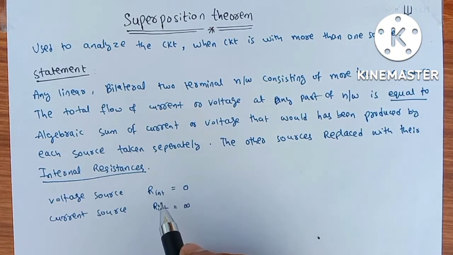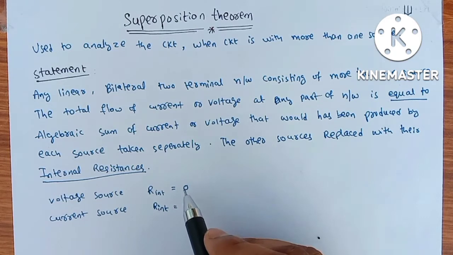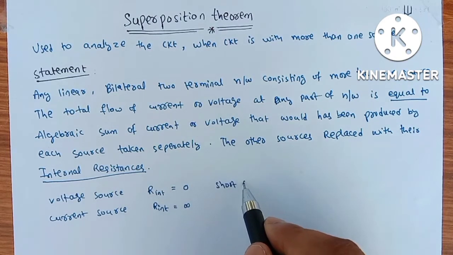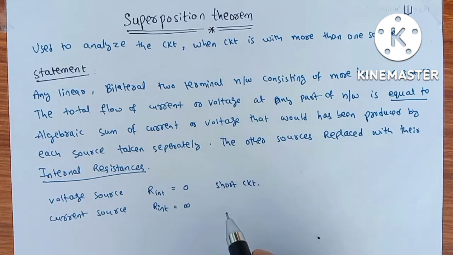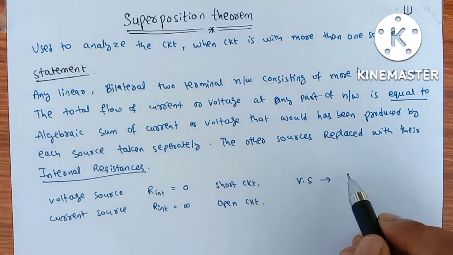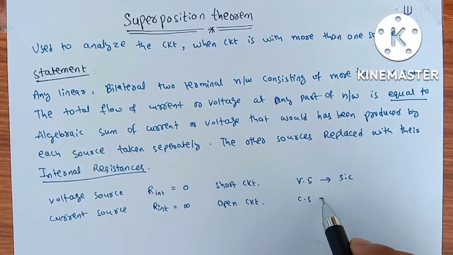So for 0 internal resistance we replace with a short circuit, and for infinite internal resistance we place an open circuit. So a voltage source is replaced with a short circuit, and a current source is replaced with an open circuit.